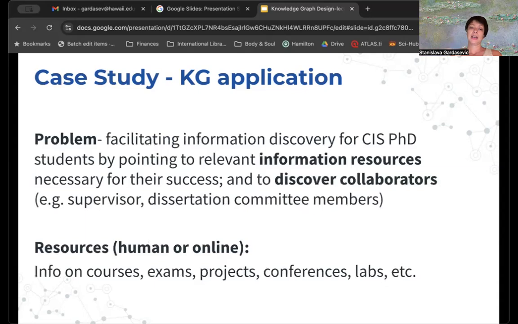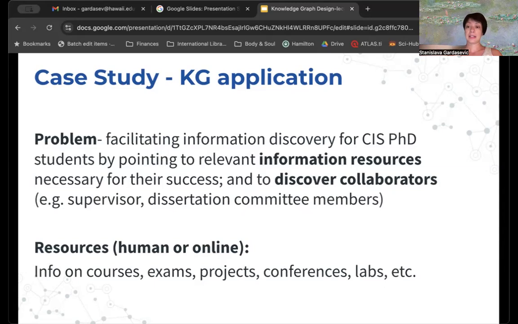environment. The problem that this case study is addressing is facilitating information discovery for this population of students by pointing them to relevant information resources that are necessary for their success.